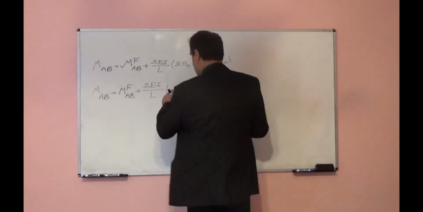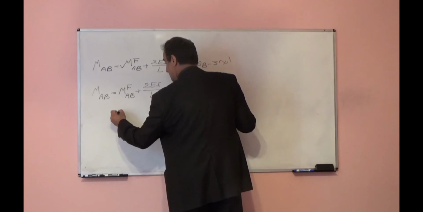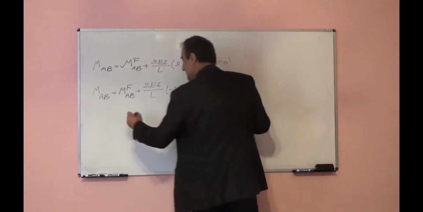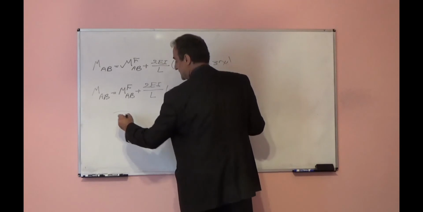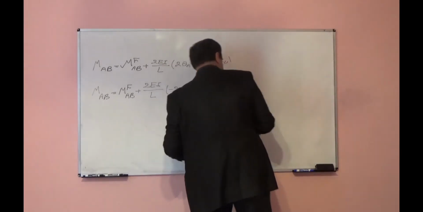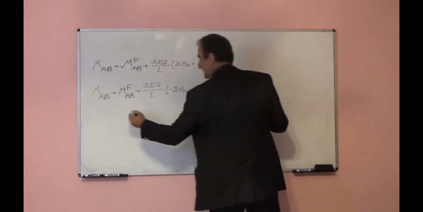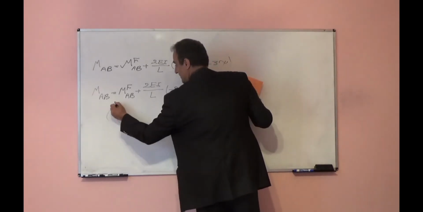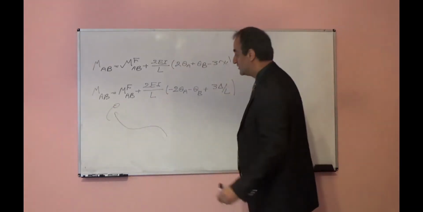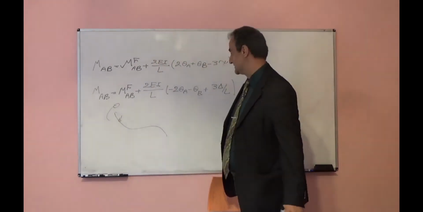The reason I put negative here is because of the picture I drew when I proved slope deflection. If you look at that picture, the rotation is clockwise.